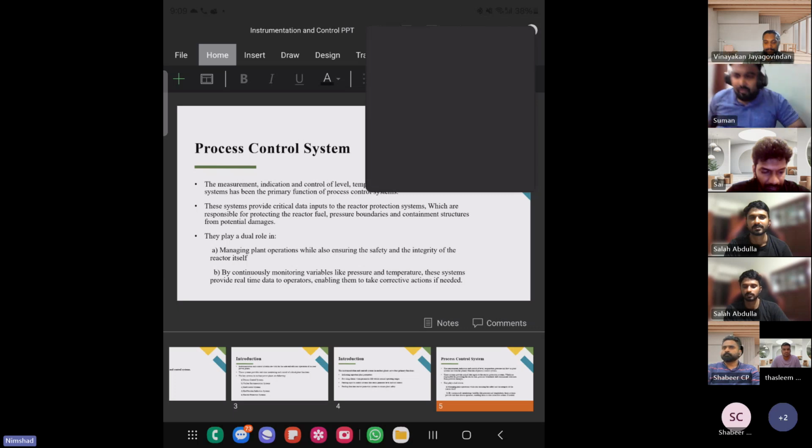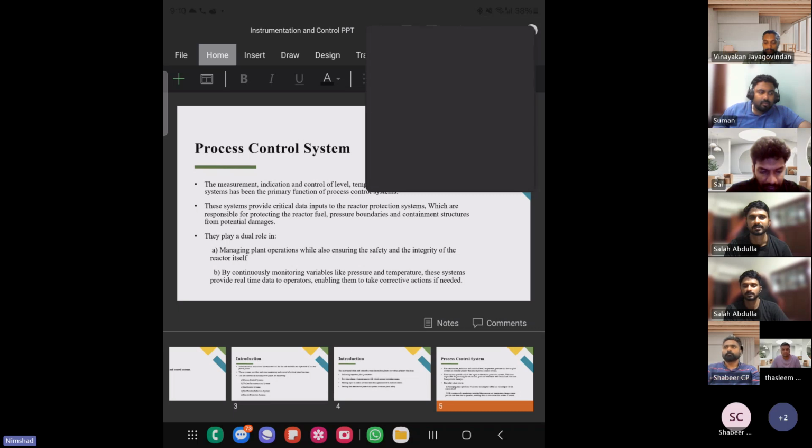These process control systems play a dual role, managing plant operations while also ensuring the safety and integrity of the reactor itself. By continuously monitoring variables like pressure and temperature, they give real-time data to operators, enabling them to take corrective actions if needed in case of any pressure drop or temperature increase or decrease.